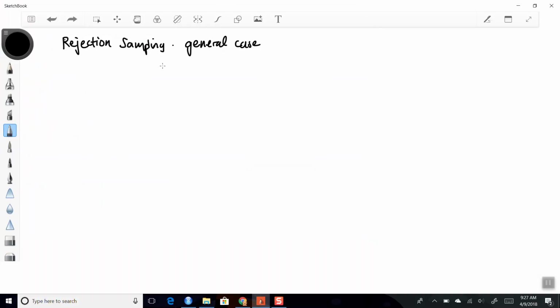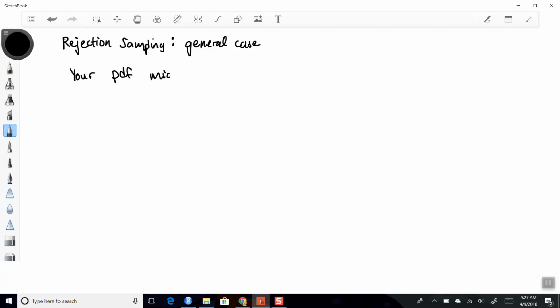Okay, rejection sampling, general case. In the general case, you will have a proposal distribution that's not necessarily uniform. Now, why would we want something like this? Well, in some cases, you might have a PDF that goes from negative infinity to positive infinity.